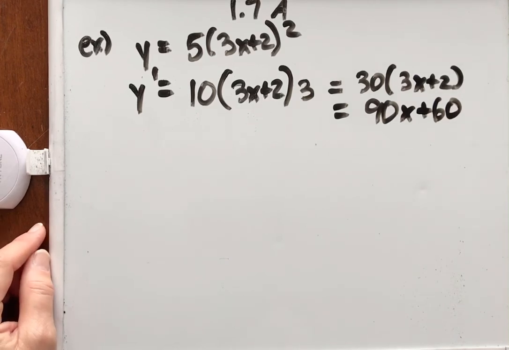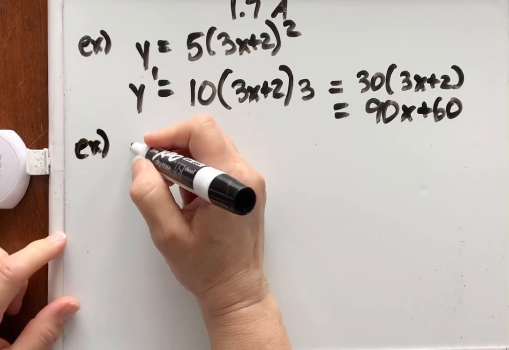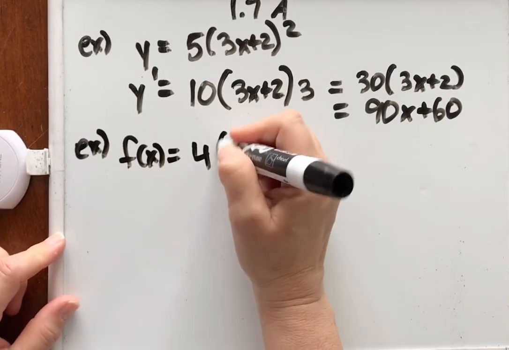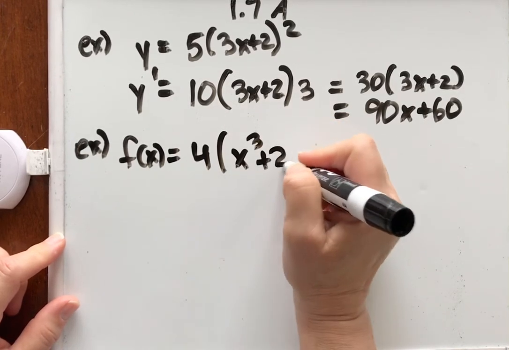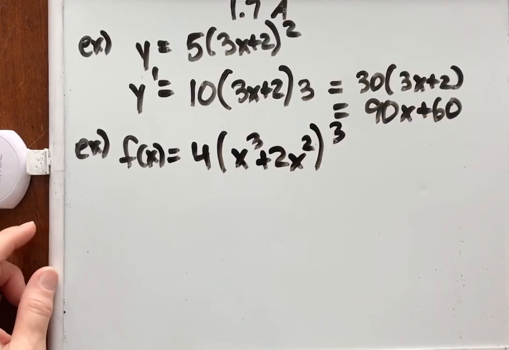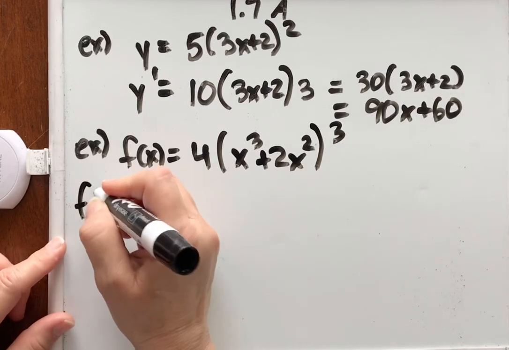Okay, let's do one that's a little bit more complicated. Okay, we have f of x equals 4 times (x cubed plus 2x squared) to the third power. Okay, so how would we handle this?